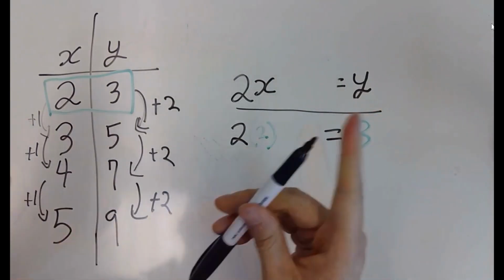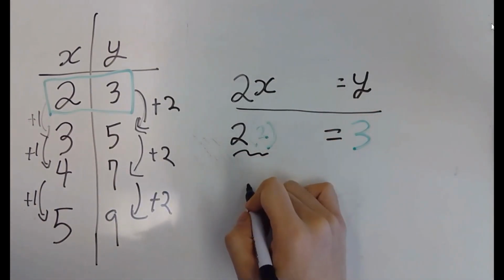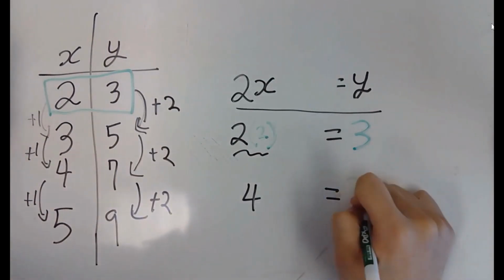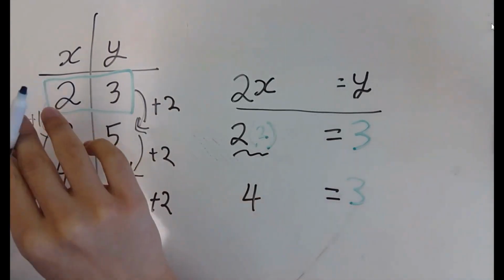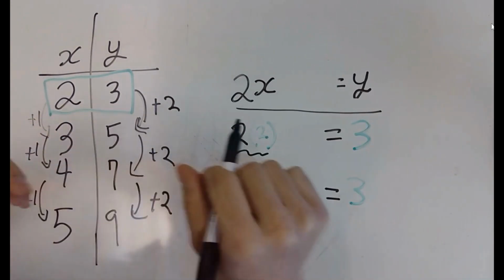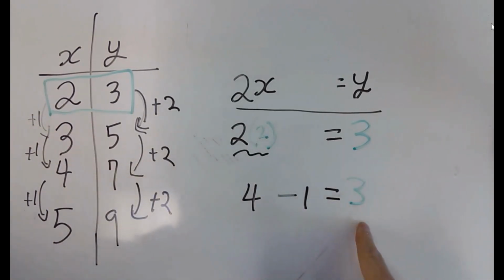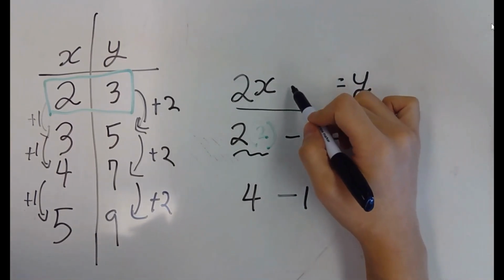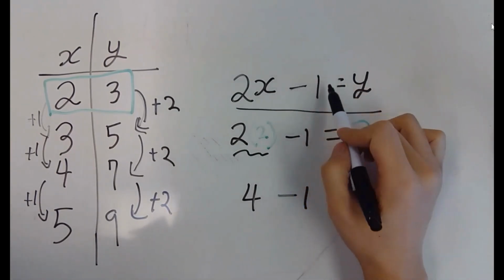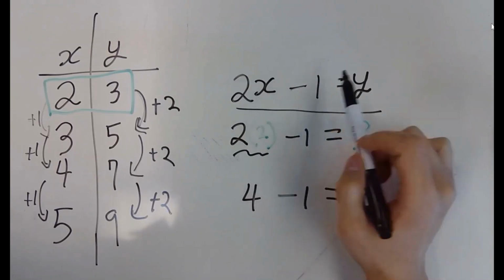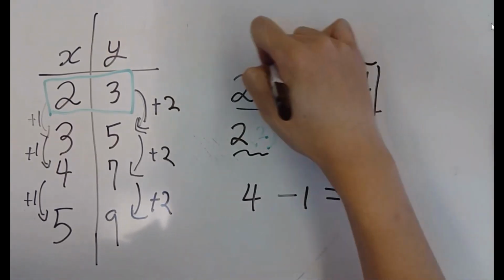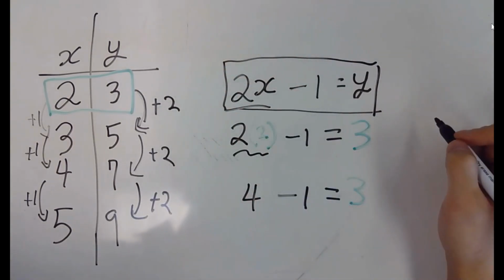But the thing is, 2 times 2 is equal to 4. And then we have to do something to 4 to make it a 3. We know 4 minus 1 is equal to 3. That means that we would have to subtract 1 from 2x to arrive at our y. And 2x minus 1 equals y would be our final answer.